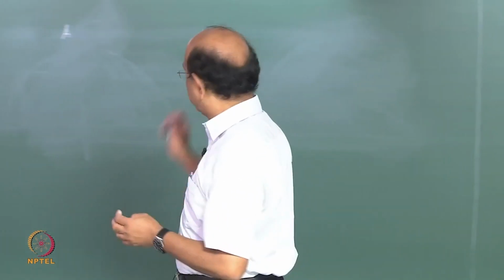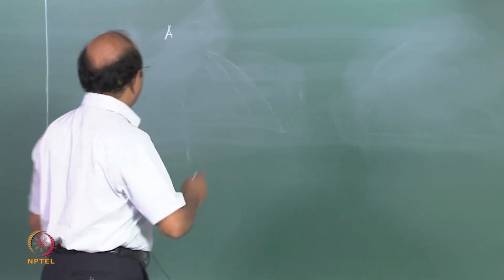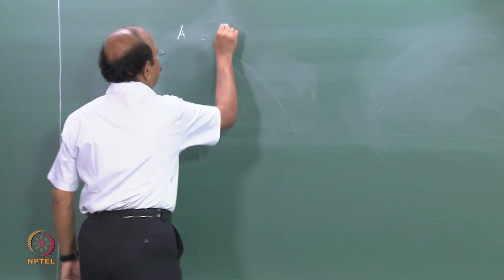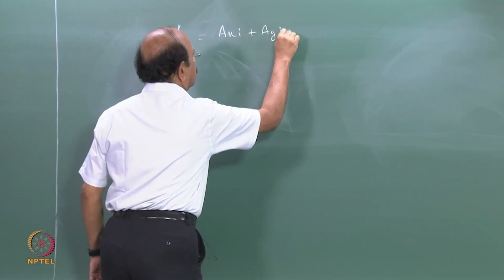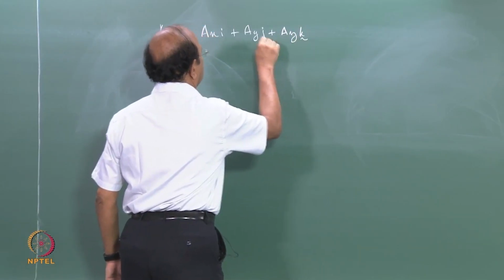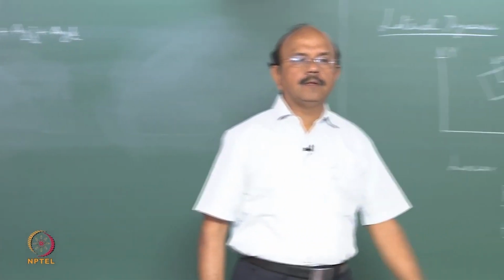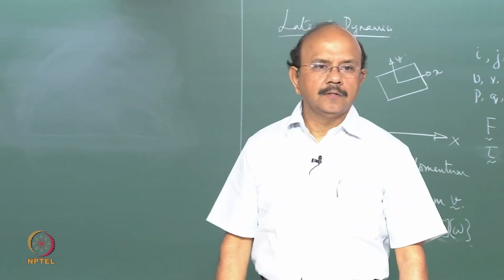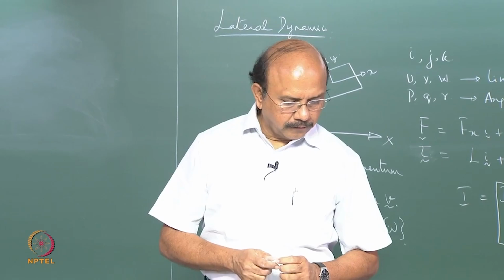So let's say that I have a vector A which I am going to express in terms of i, j, k, which are the unit vectors in the body-centered coordinates.